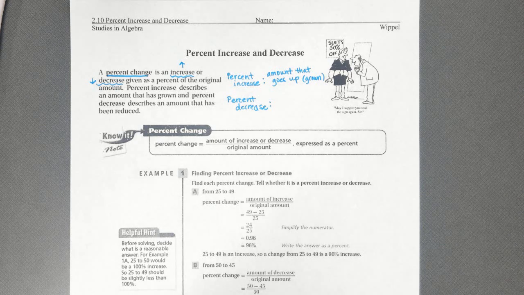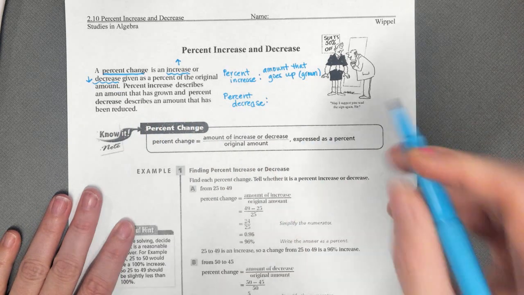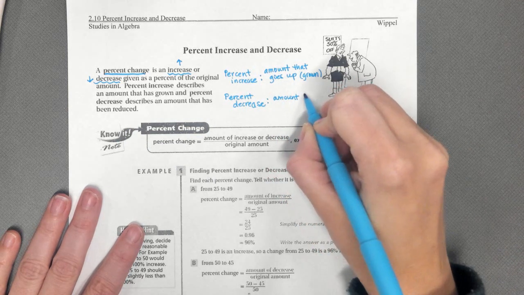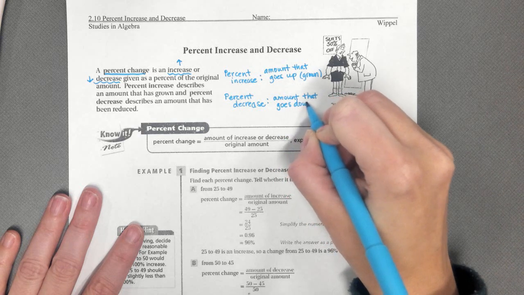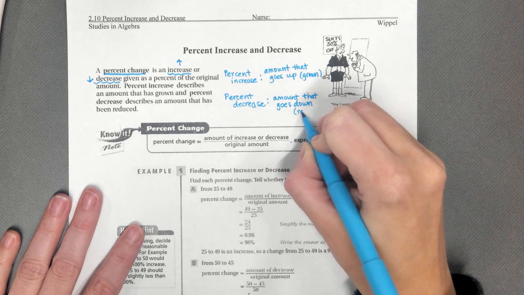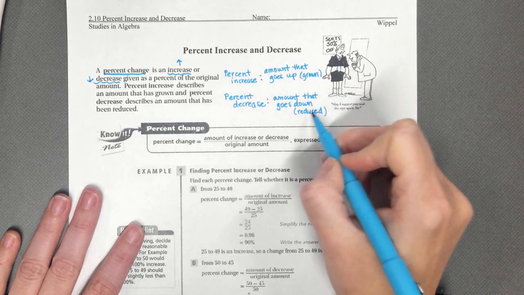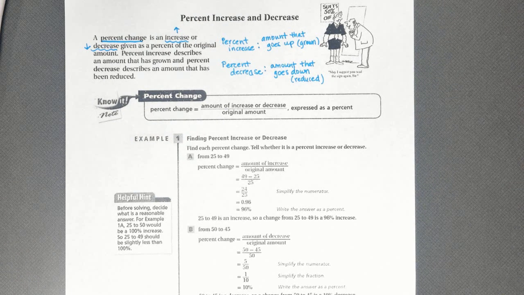And then a percent decrease describes an amount that has been reduced. So we're going to say amount that goes down, and then in parentheses we'll put reduced. And the reason it's important to have these specific terms is because those might be terms used in one of the story problems.